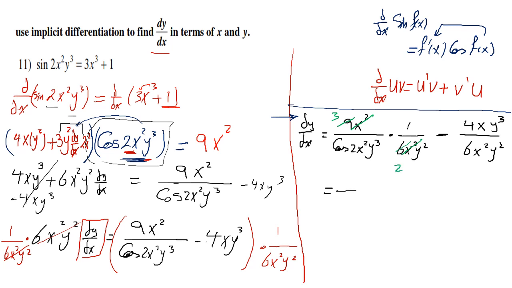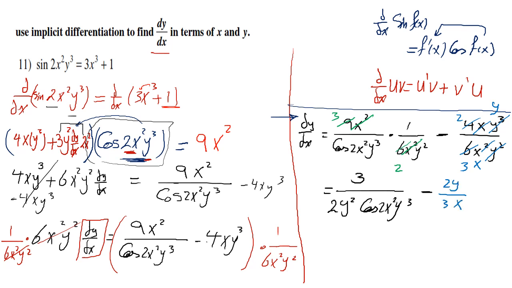So it's y square multiplied by 2 multiplied by cosine 2x square y power 3 minus, and up I have 3 y, divided by 2, and x with the power and y power 3 with y power 2, I have y there and x down. So it's 2y and 3x in the denominator.